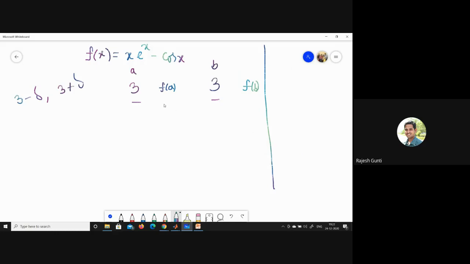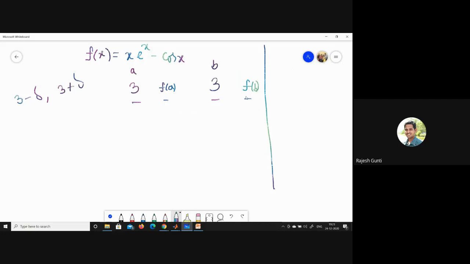At these points it calculates the function value. Delta is a small value. It chooses some value depending upon the problem. Most of the time it takes a fixed value. So 3 minus delta means less than 3, and it calculates the function value, and for 3 plus delta it calculates the function value.